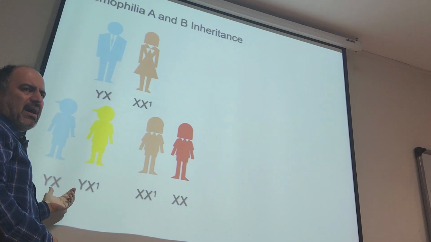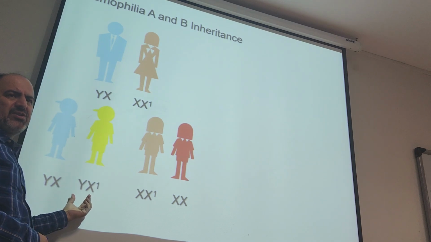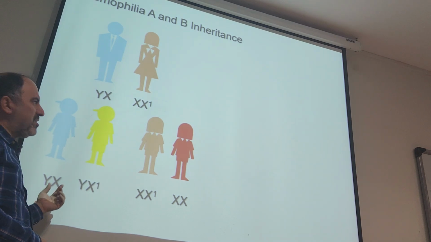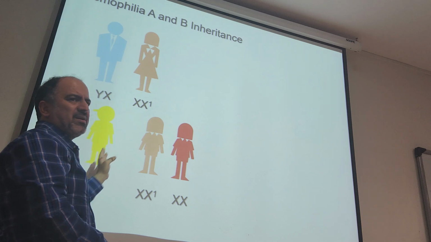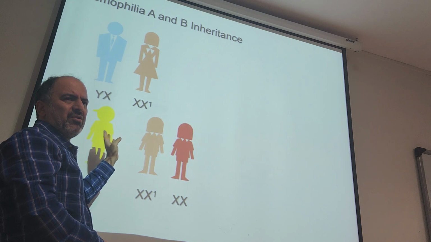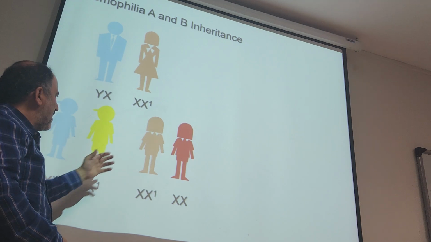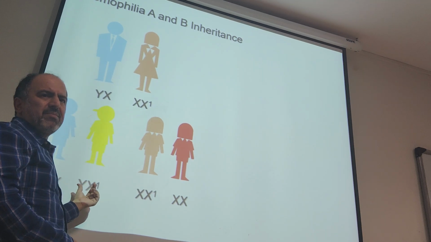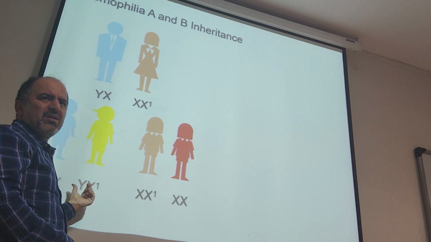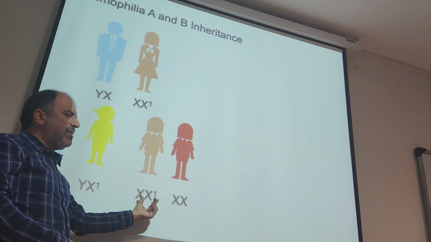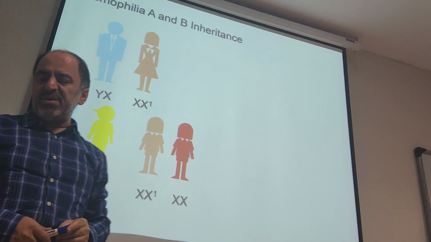The male has a 50% risk to be a patient. 50% would be normal, depending on which X is coming, mutated X or normal X. Normal X, normal. Mutated X, the boy would be a patient. Lady, 50% risk to be a carrier.